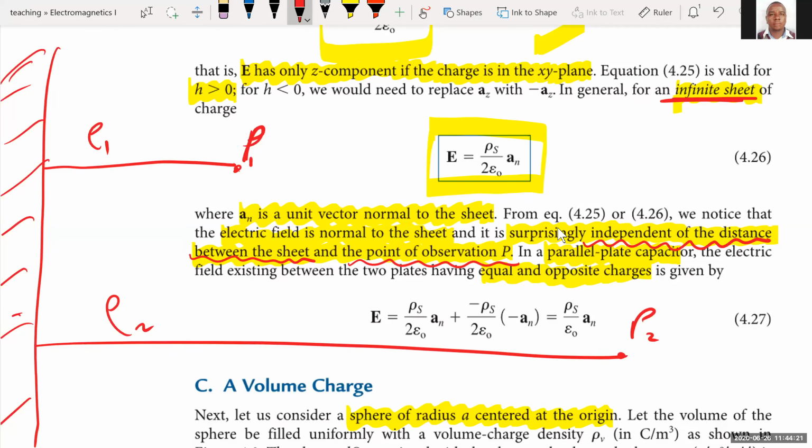All we are saying is that the distance doesn't matter. All that matters is the surface charge density. So that is a very important realization.